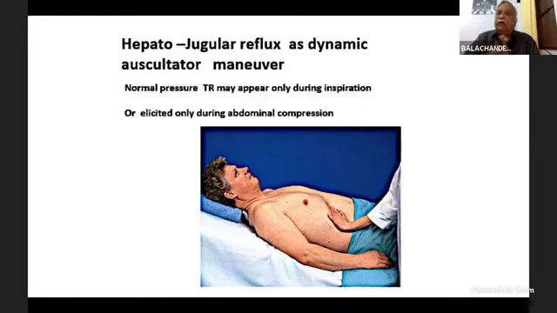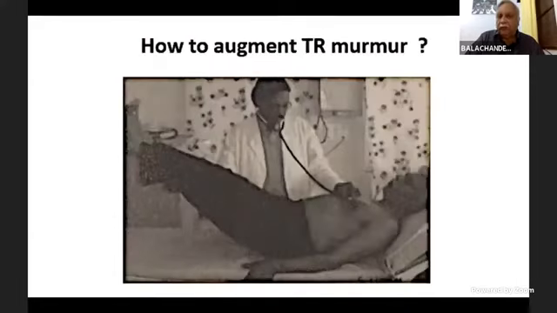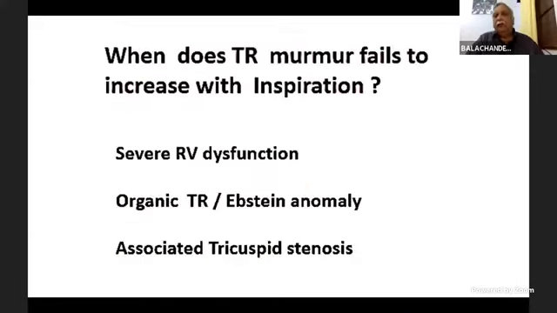So a normal pressure TR will appear only during inspiration, but if you want to elicit it, you can elicit it during abdominal compression. So a low pressure TR you can elicit by a hepatojugular reflex, a combined hepatojugular reflex and dynamic auscultation. The TR murmur, if it fails to increase with inspiration, then it is severe RV dysfunction.